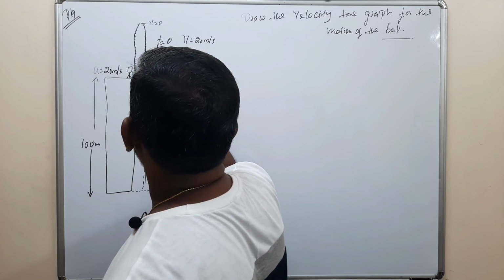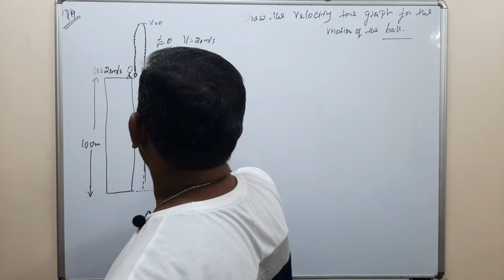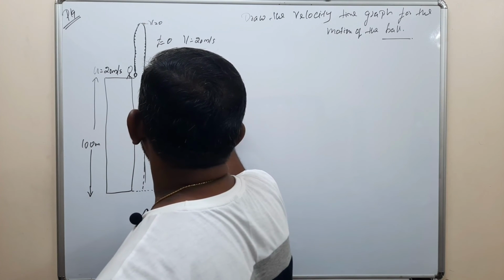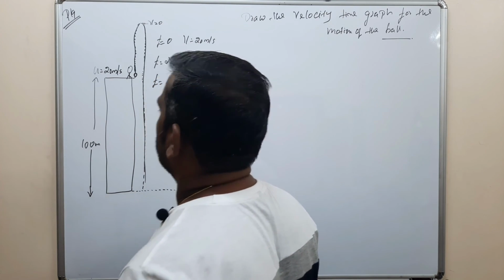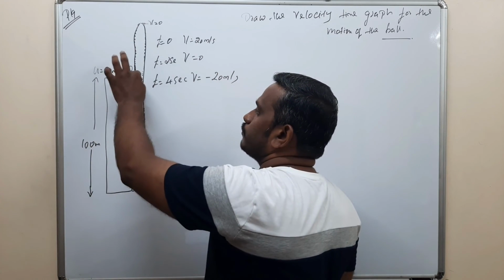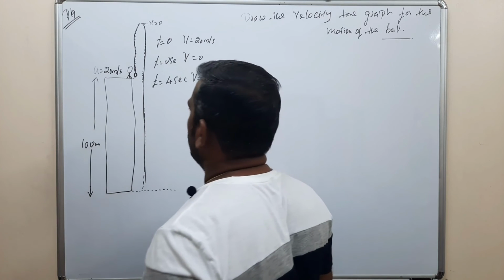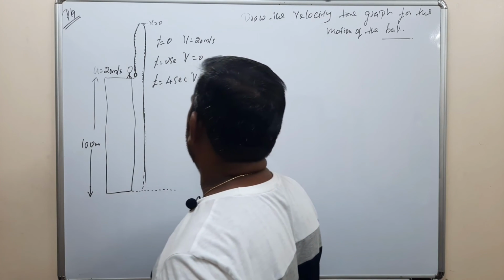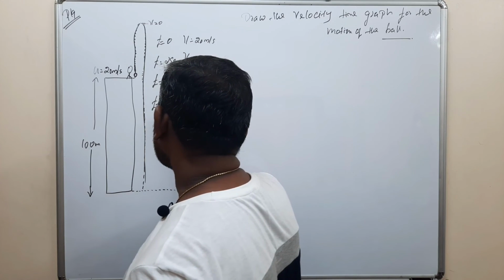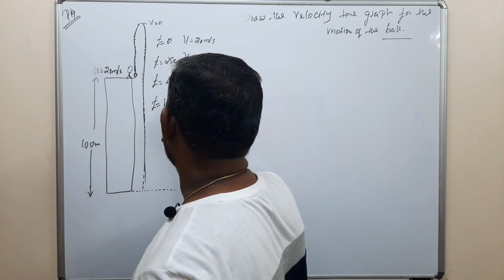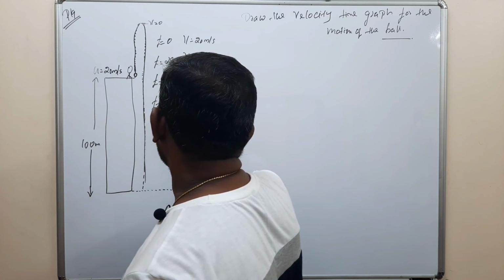At t equal to 2 seconds, velocity is equal to 0. At t equal to 4 seconds, velocity is equal to minus 20 meters per second. When the ball returns to the mean position, it comes with the same velocity with which the ball was projected. Here, in the downward direction, the velocity is negative. So t is equal to 2 root 6 seconds.